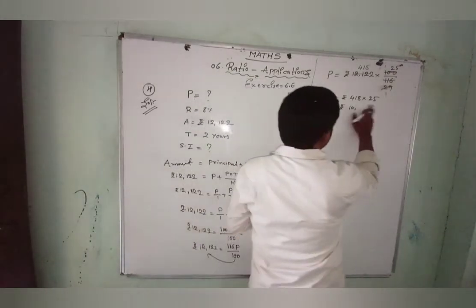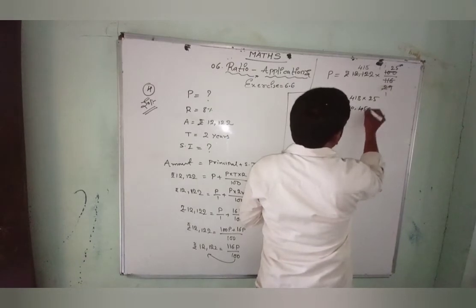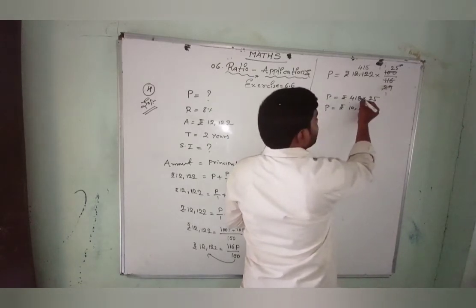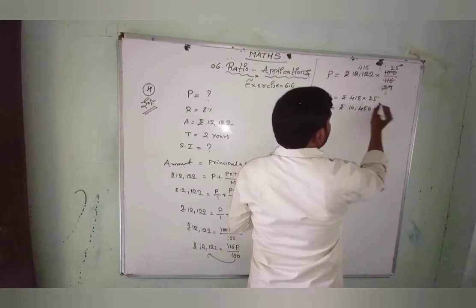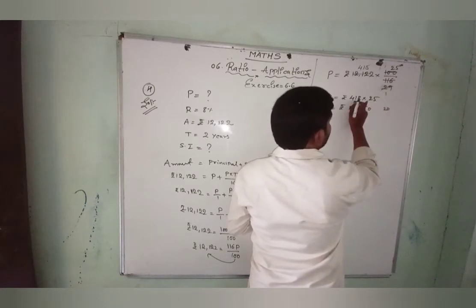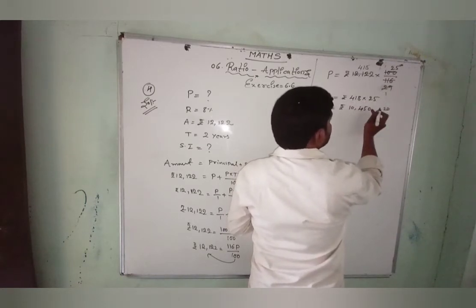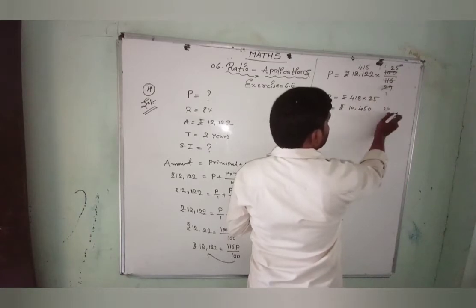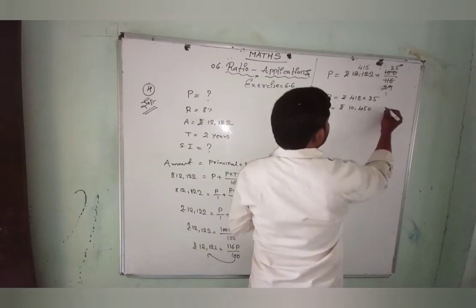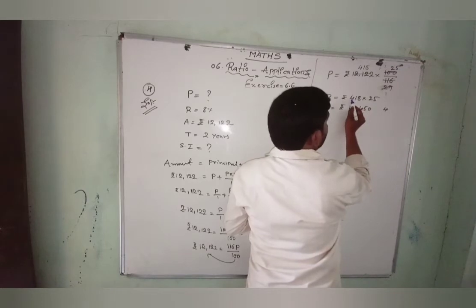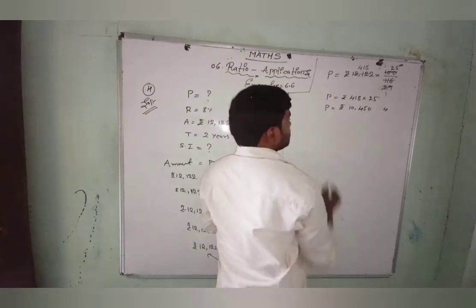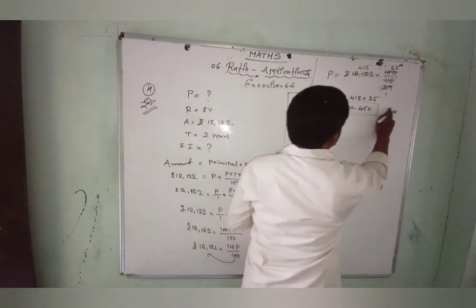Sorry, 10,450 you will get. 25 8s are 200, so 20 carry. 25 ones are 25 plus 20, that is 45. So 5, 4 carry. 25 4s are 100 plus 4, 104. So we got the principal.